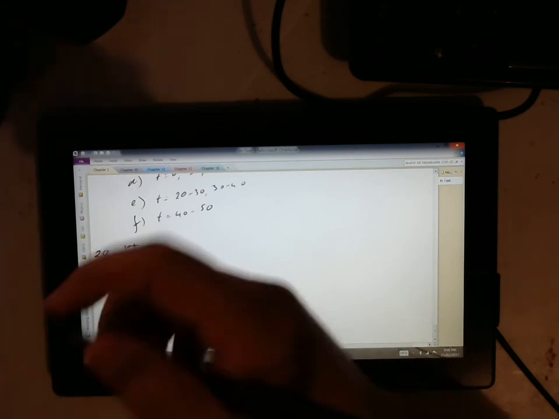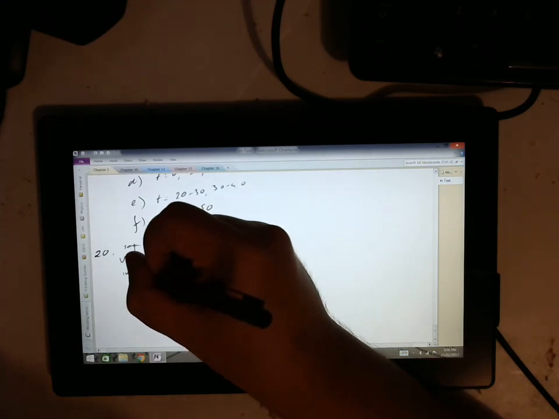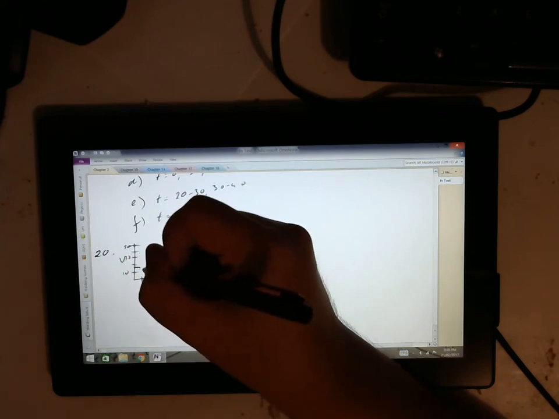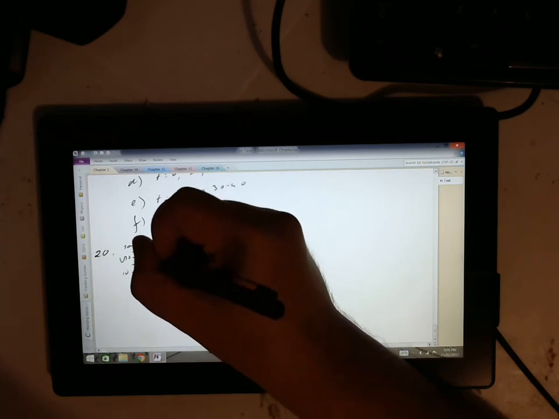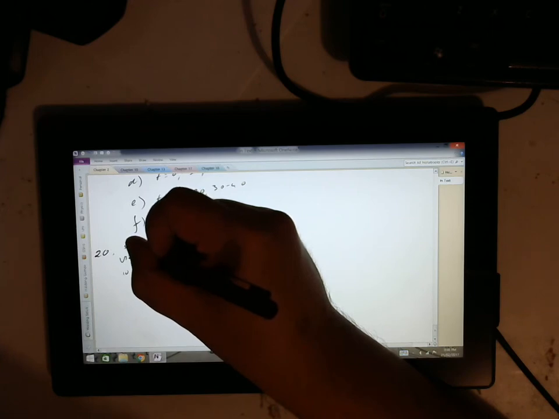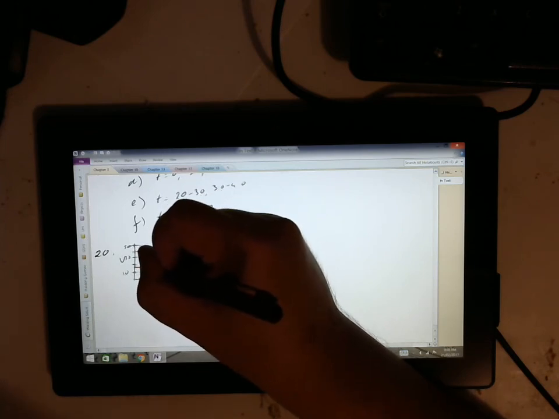So the first bit was 13 kilometers an hour for 10 minutes, so that's going to be about there. We are drawing a VT graph. Then we go to the next bit, which is 5 minutes at 41 kilometers an hour. That goes halfway into that, and then it comes back down to here.